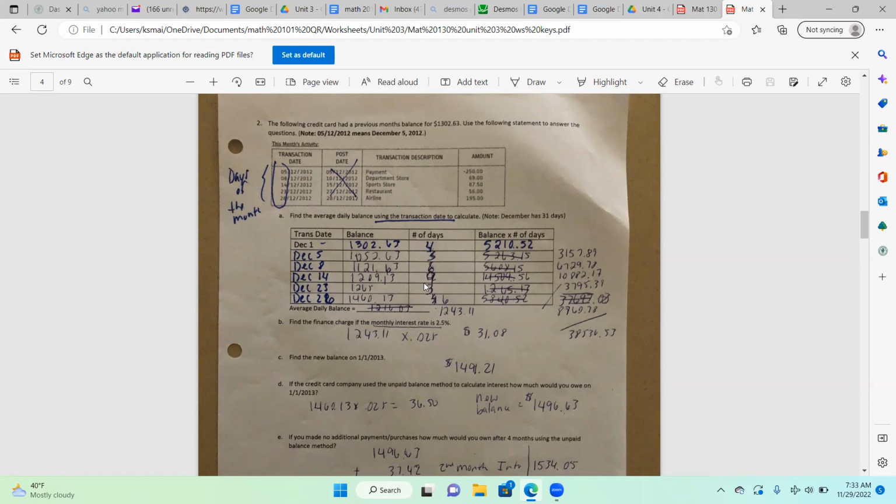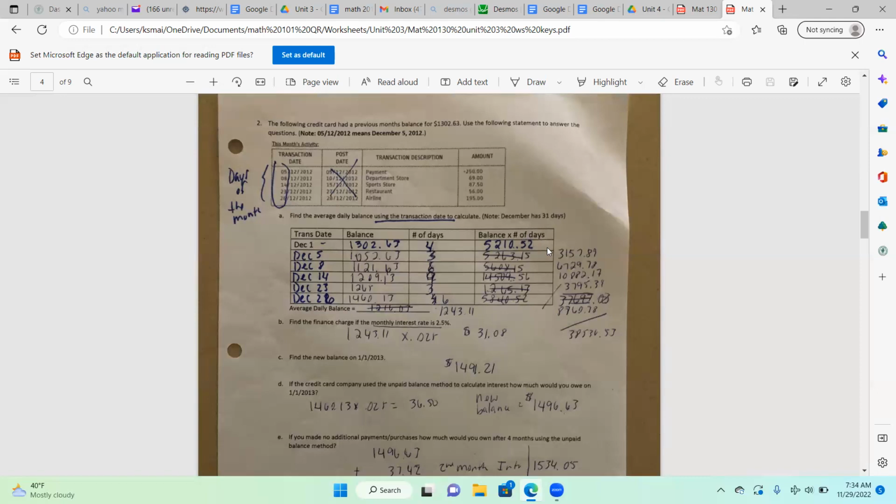We were at that balance for 9 days, and we made another purchase for $56. And we were at that balance for 3 days, and then we made another purchase at $195 for the airline, and we were at that balance for 6 days.